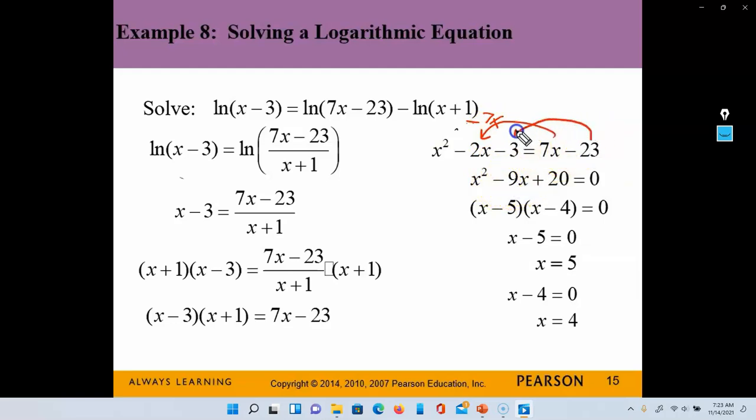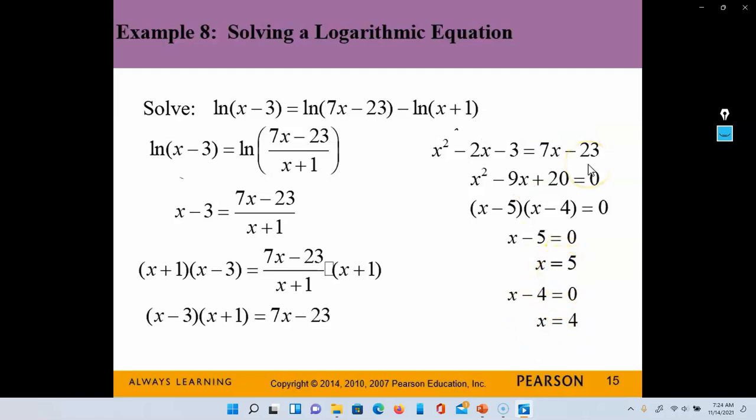Transpose this to the other side, where a negative 23 becomes a positive 23, and a negative 3x gives us a 20. Okay. We factor this, equate each of the factors to 0, and we get that x is 5, or x could be 4.